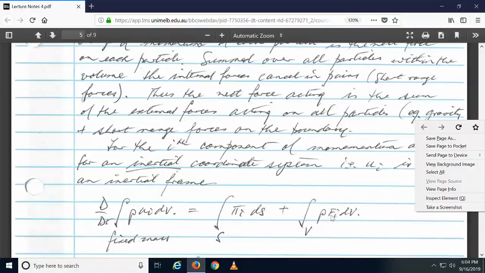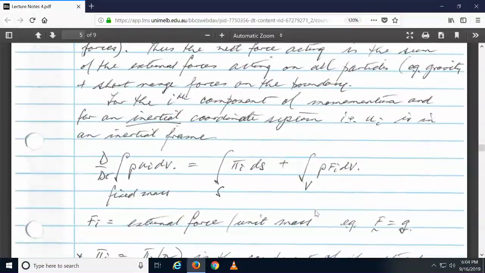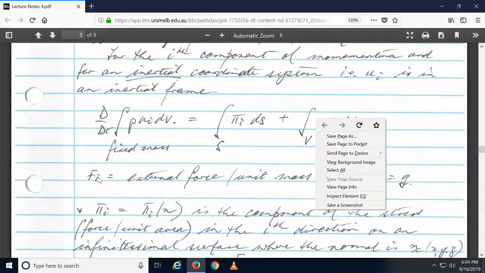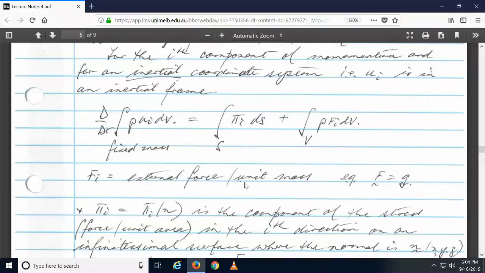And then there's another force, rho Fi, where Fi is the force per unit mass, like gravity, like g. Rho dV is the mass dm. So dm times F is the amount of force for rho dV, for a mass dm. So that must be true, where Fi is the external force per unit mass.